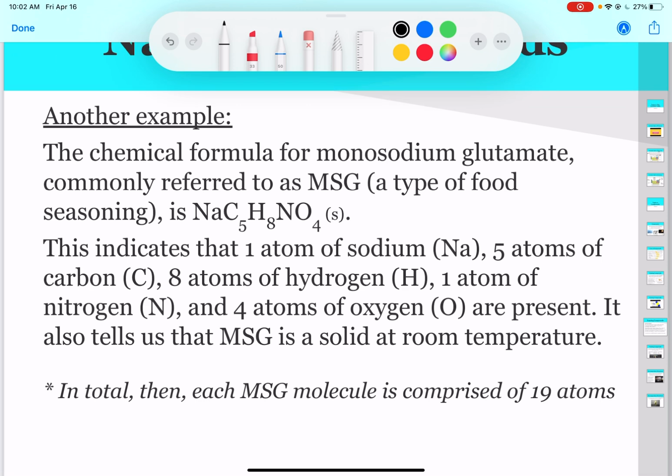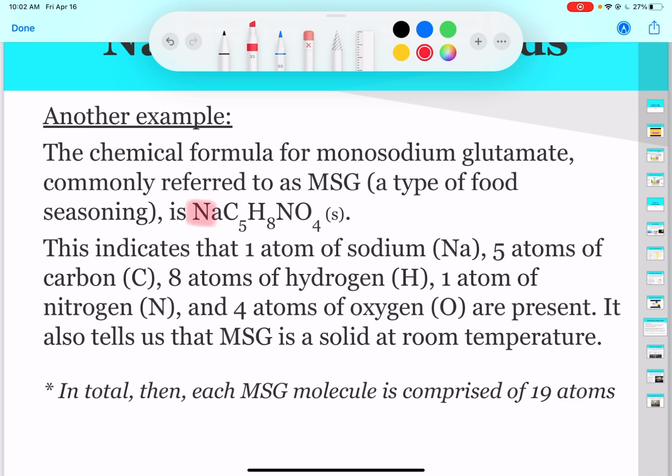This is another example. It says chemical formulas for monosodium glutamate, commonly known as MSG, which is a type of seasoning in our food. You find that in a lot of Chinese foods. It's NaC5H8NO4. That's a really big molecule. This indicates that 1 atom of sodium, 5 atoms of carbon, right?